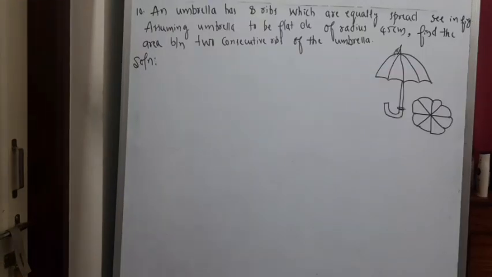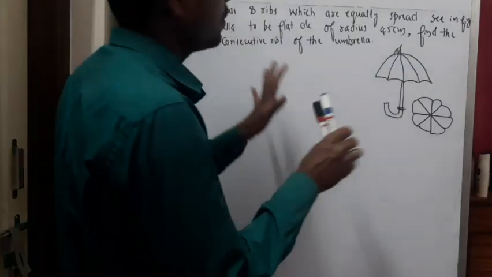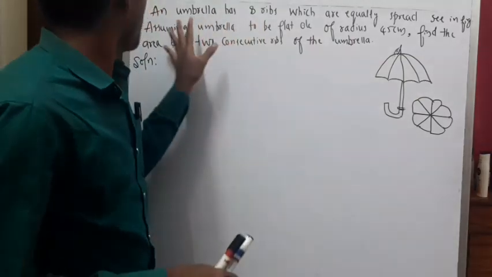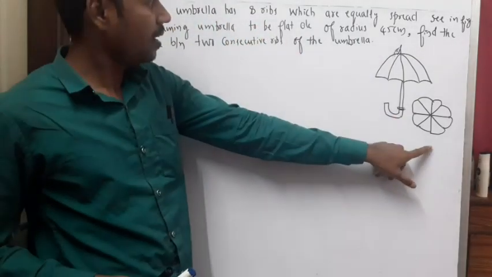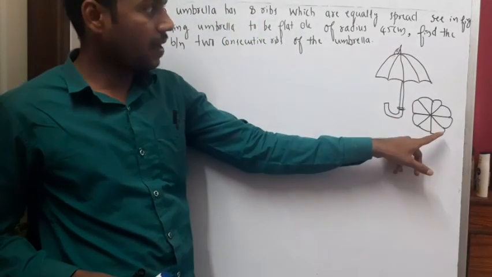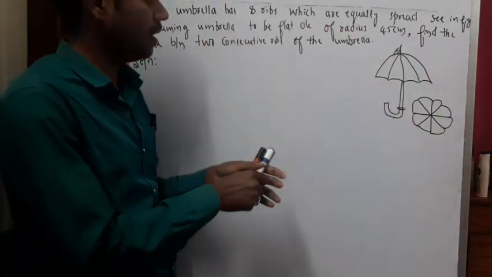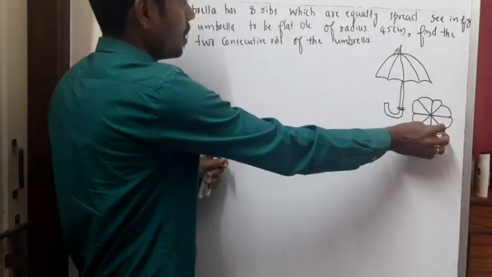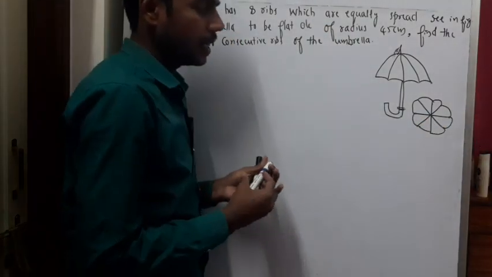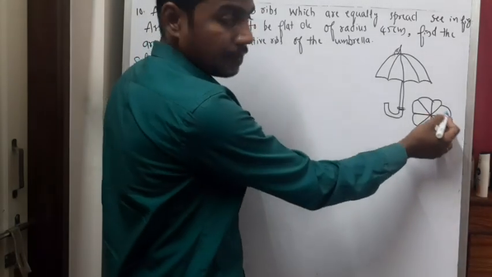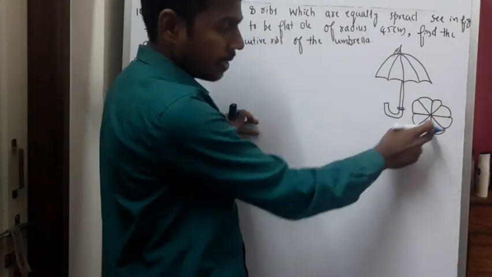10th question: an umbrella has 8 ribs which are equally spread. See in the figure. Assuming the umbrella to be a flat circle of radius 45 centimeter, find the area between two consecutive ribs. These are the ribs of an umbrella. How many ribs are there? 8 ribs are there.